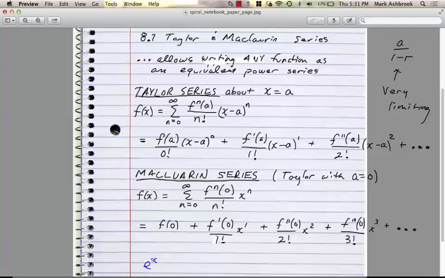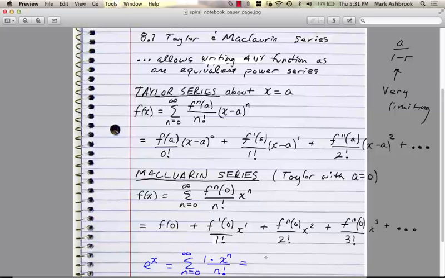e to the x equals, as a Maclaurin series, centered at 0, the sum of 1 times x to the n over n factorial. Why? Because every derivative evaluated at 0 of e to the x, the first derivative, second derivative, third derivative, is just 1.